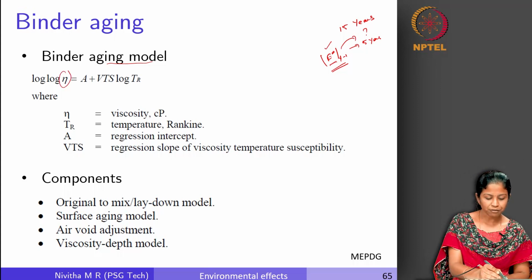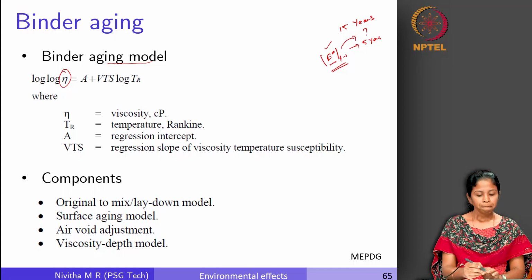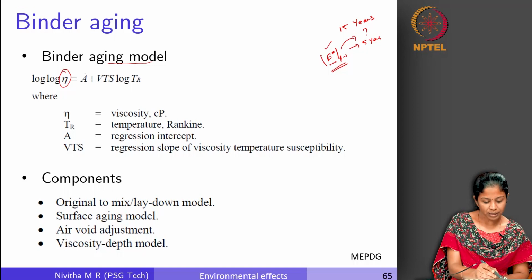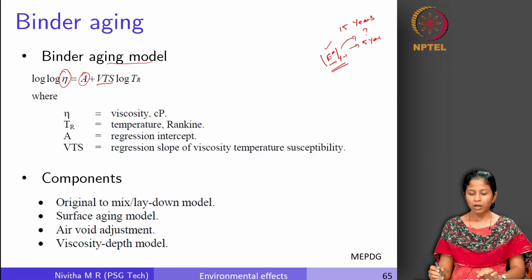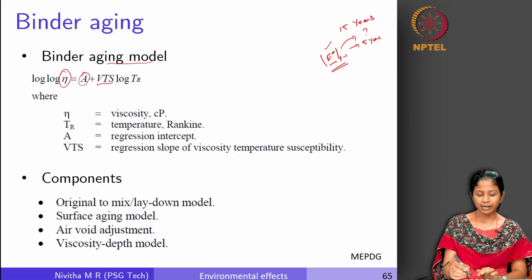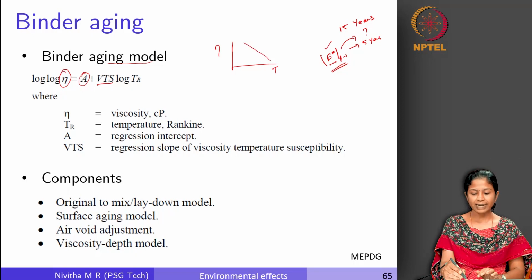It is a function of viscosity. Here again the stiffness is expressed in terms of viscosity rather than the modulus. It has a regression intercept. This VTS is nothing but the slope of viscosity temperature susceptibility. For this binder in the laboratory, if I plot the relation between viscosity and temperature, I get a slope.